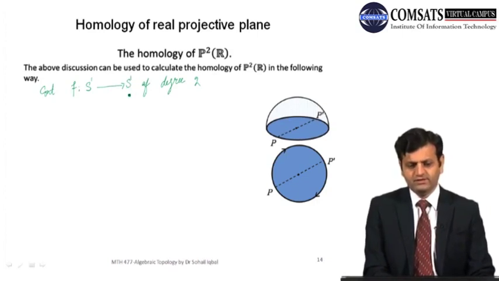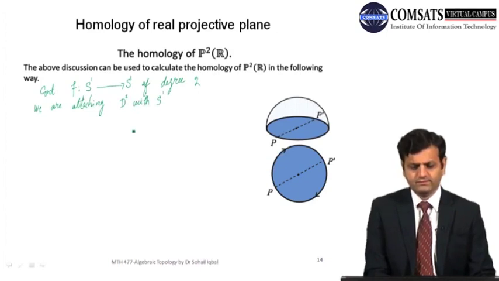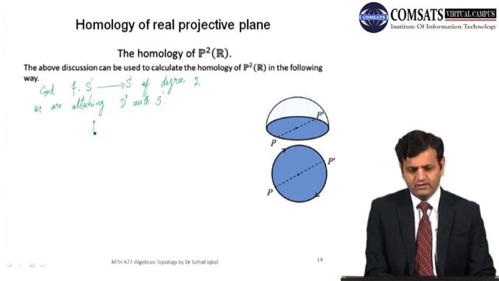So in other words, the real projective plane P2R is nothing but D2 attached under this map f to S1.